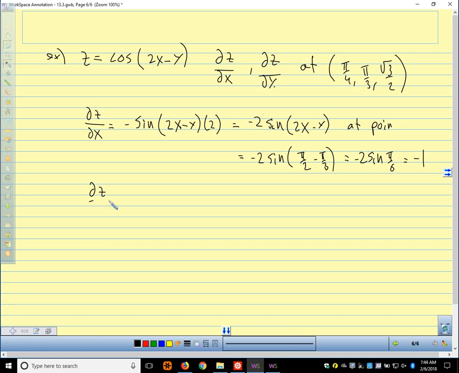And the partial of z with respect to y. We get negative sine of 2x minus y times negative 1, so positive sine of 2x minus y. When we plug in our point, we just get the sine of pi over 6, which is 1/2.